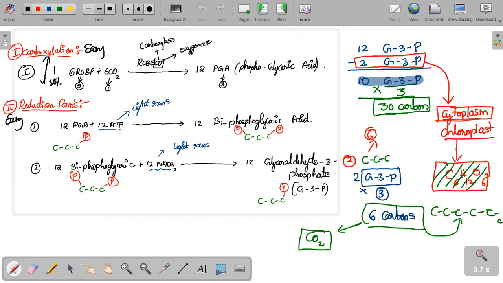Let me ask you one thing: are you clear with the carboxylation and reduction reactions? Are you still having any problems?